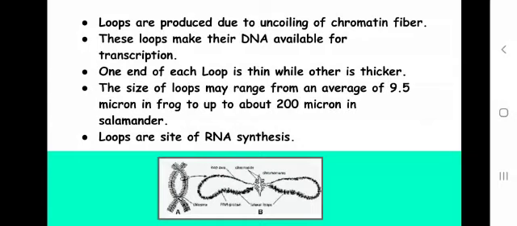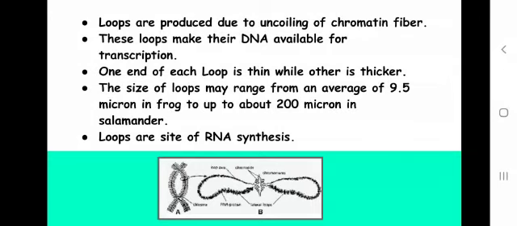In the diagram, we can see that the loops are produced due to uncoiling of the chromatin fiber, and these loops make their DNA available for transcription. One end of each loop is thin while the other is thicker. The size of loops may range from an average of 9.5 micron in frog to up to about 200 micron in salamander.